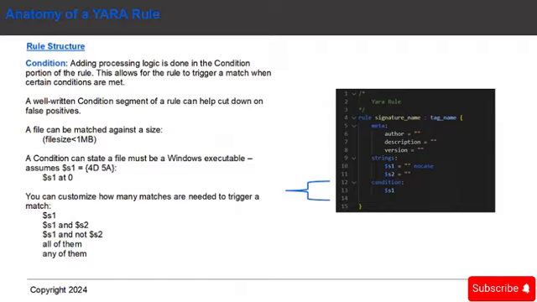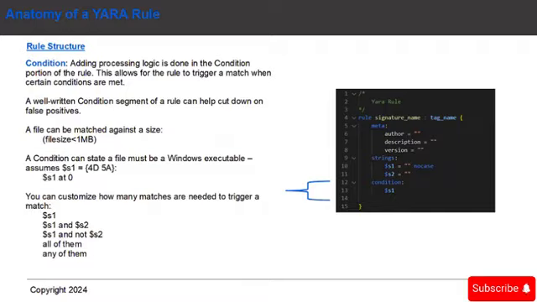You can also do some more advanced condition processing here, where you can specify a file size. For example, file size less than 1 meg. That is a default processing condition within Yara, and it will compare the file size that it's operating on against that condition. You can also inspect a file for its type, and we'll get into this in more detail later in the course, but you can determine exactly the type of file that you're working with regardless of the extension.